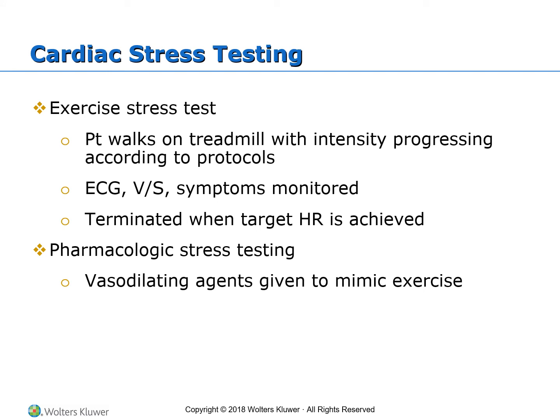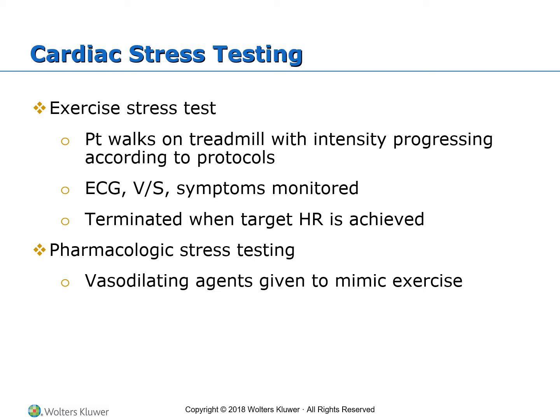They can do cardiac stress tests. They do two types. They can do an exercise stress where they put the patient on the treadmill and they watch the electrical conduction of the heart, and they also watch your heart rate and your oxygen saturation and your respiratory rate.